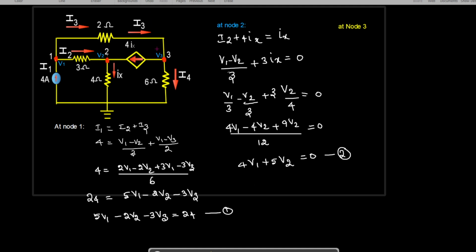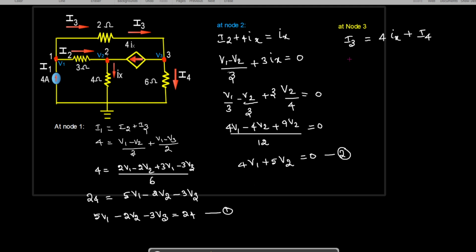This is our node 3. In this node 3, I3 current is entering, and 4Ix and I4 are leaving. So I3 is the current which is entering, which is equal to the sum of currents leaving, that is 4Ix plus I4.